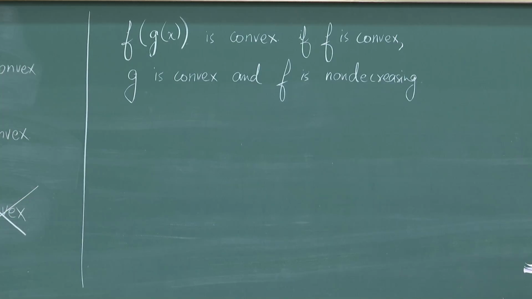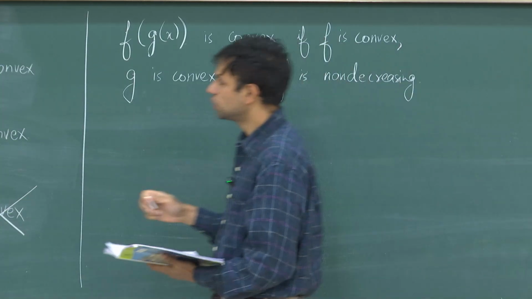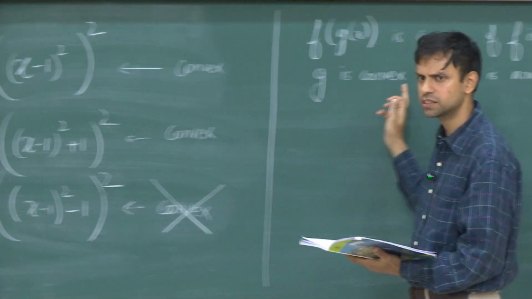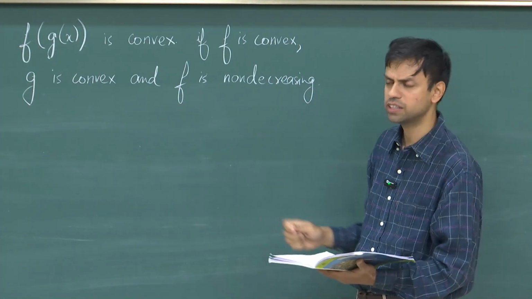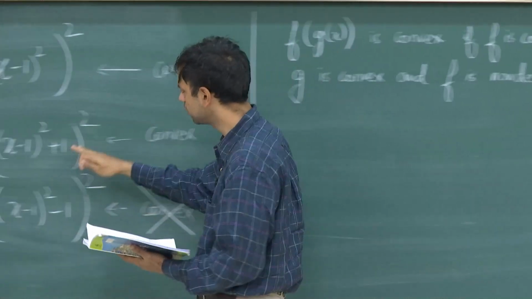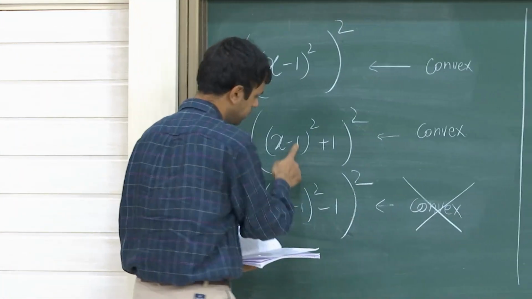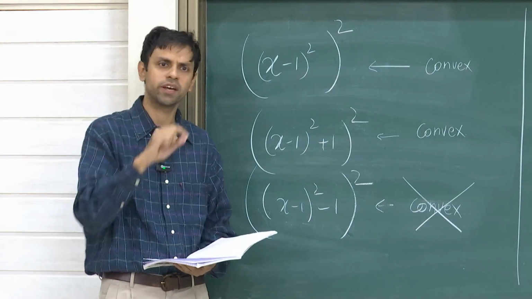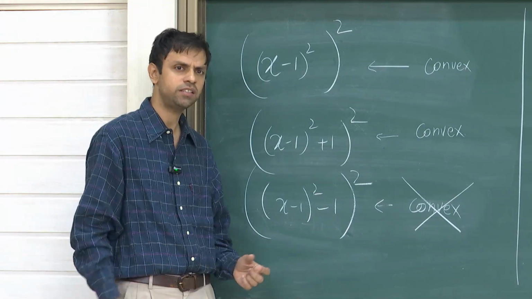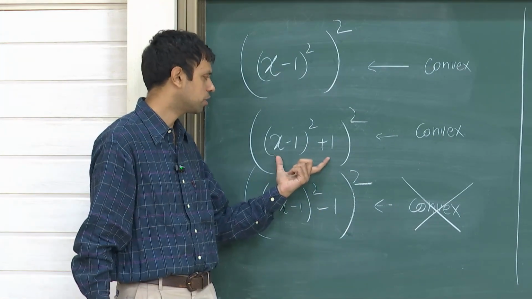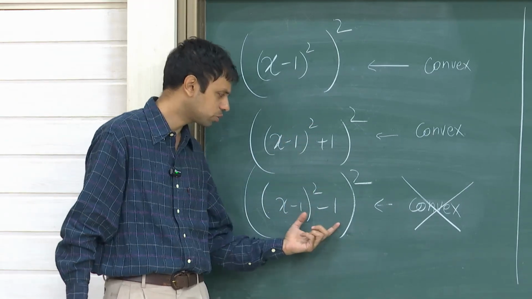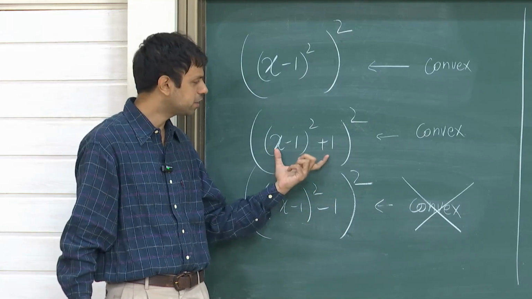Okay, so do any of these satisfy these conditions? So what is f in these cases, for example in the middle case or the third case, what is the function f? Square. And what is the function g? It is this (x minus 1) whole square plus 1 or (x minus 1) whole square minus 1. So are these increasing functions?